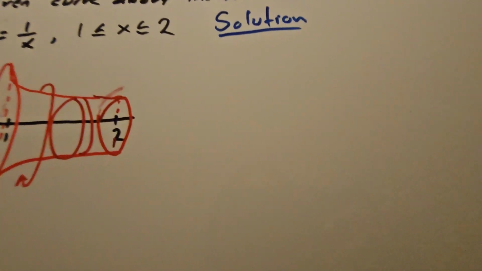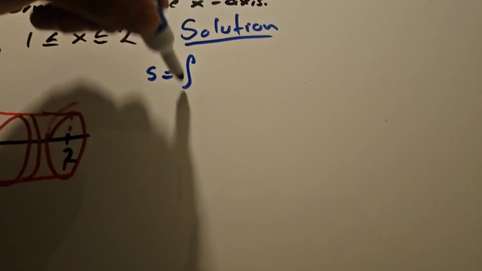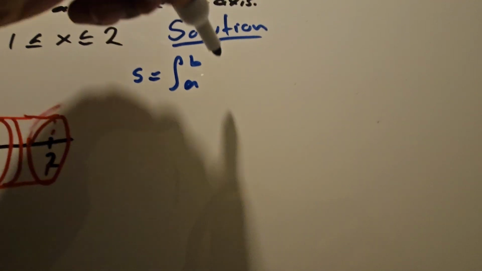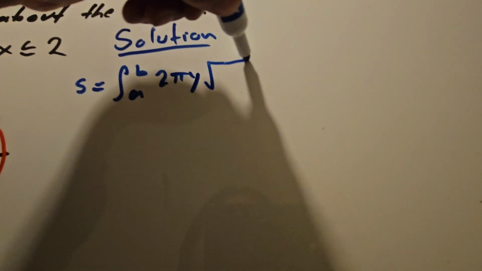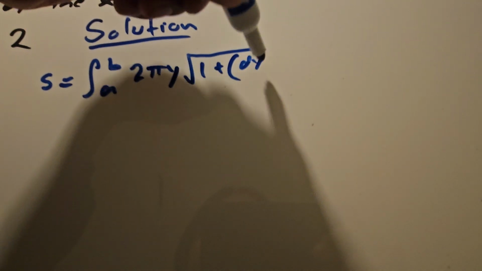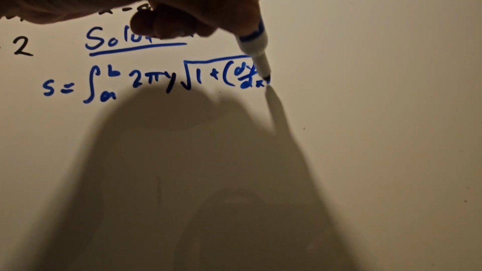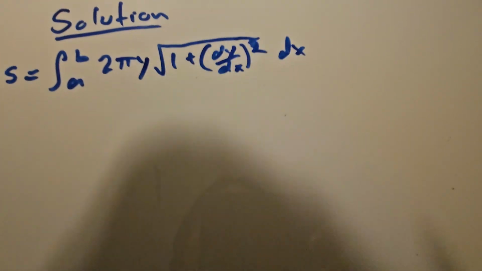Solution. We're going to use the formula S is equal to the integral from a to b of 2 pi y times the square root of 1 plus dy/dx, squared, dx.